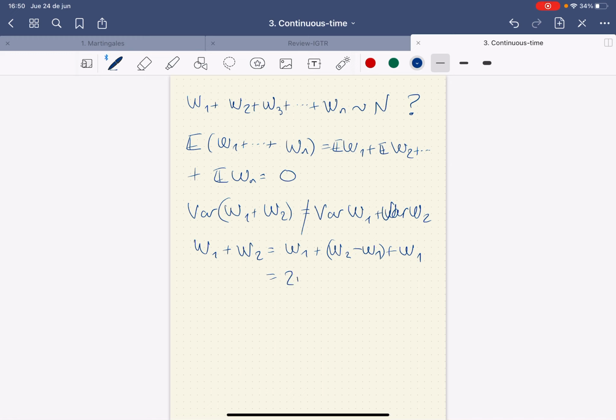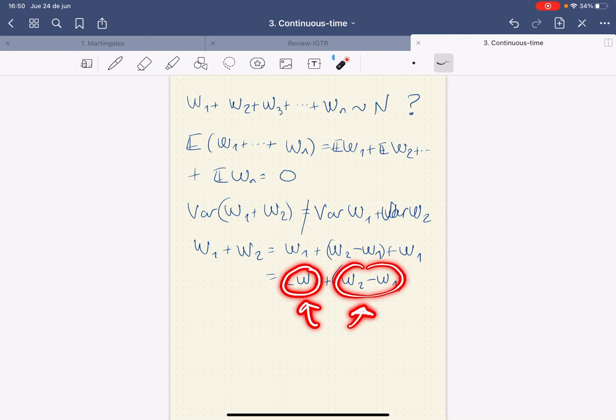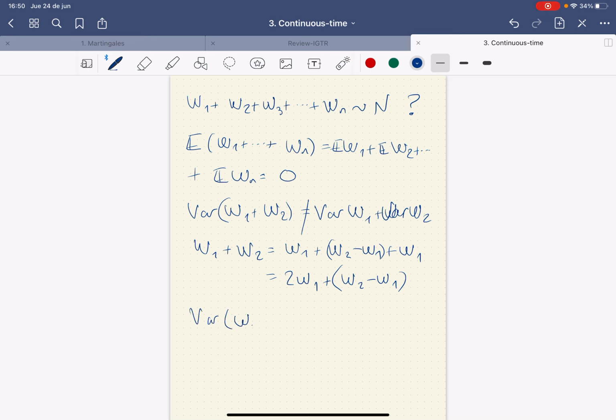That is 2 times W1 plus W2 minus W1. So what we have in here is a couple of random variables which are independent because the Brownian motion has independent increments, right? So the variance of W1 plus W2 is just given by the variance of 2 times W1 plus W2 minus W1.